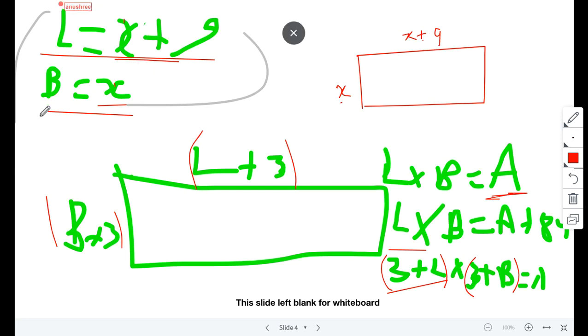Can you hear me now? Yeah, a little bit. Okay, so the question says the length of the rectangle exceeds its breadth by 9 centimeters. That means breadth is x and length is x plus 9. Clear? So length multiplied by breadth is the area. So area is x multiplied by x plus 9, right?